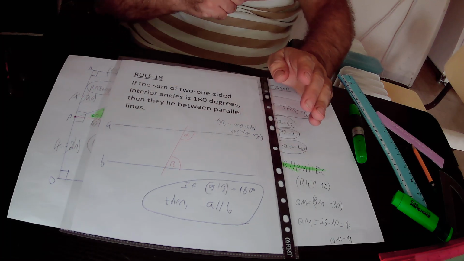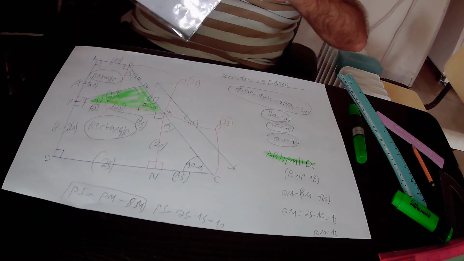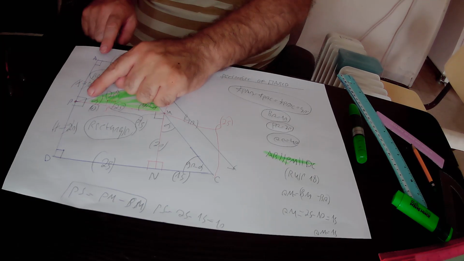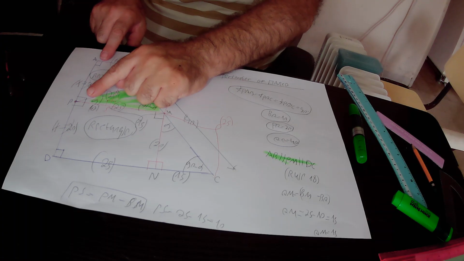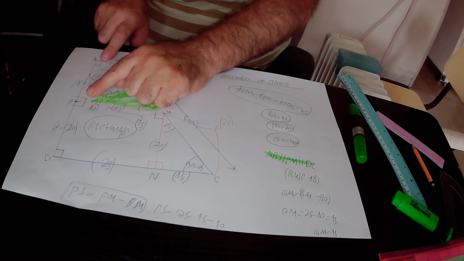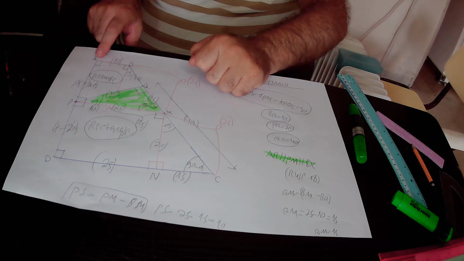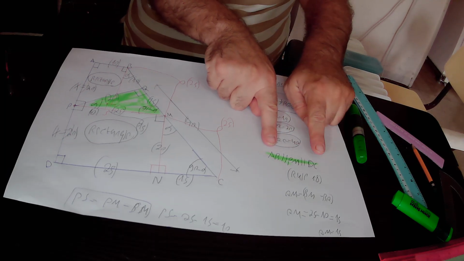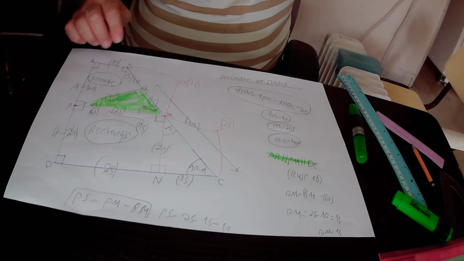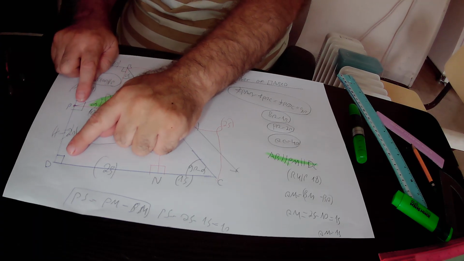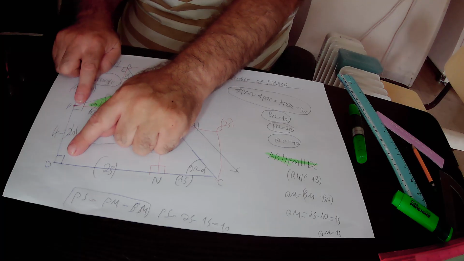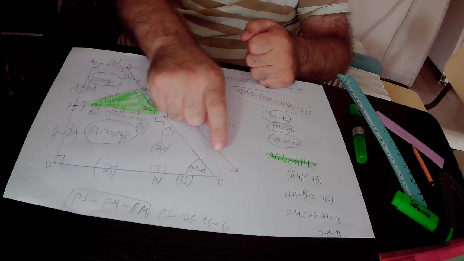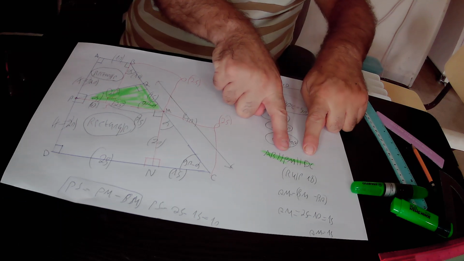We already implemented Rule 18 in our drawing. Why? Because you know that the sum of those two one-sided interangles is equal to 180 degrees, and therefore they must be located between parallel lines. That is to say, AB is parallel to PM according to Rule 18. Likewise, the sum of those two one-sided interangles is also equal to 180 degrees, and therefore PM is parallel to DC according to the same rule.